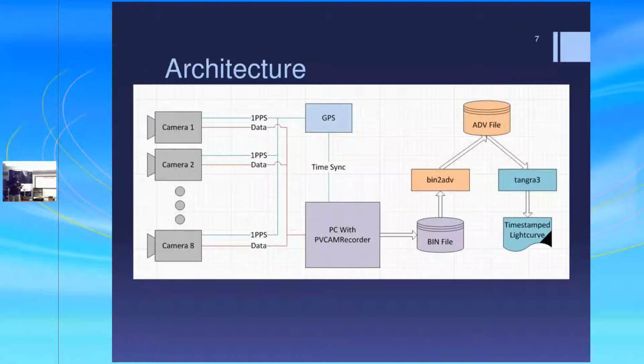Our new software, PVCam Recorder, grabs the data from the camera and produces an uncompressed binary file with microsecond timestamps for each frame. We wrote a converter program to take our raw binary file and produce a Tangra 3 compatible ADV file. Tangra 3 is able to process the 16-bit data and timestamps to produce the light curve.